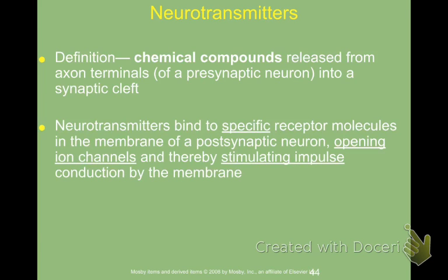So these neurotransmitters bind on the surface of the postsynaptic neuron and open ion channels, which then, guess what kind of ion channels? Sodium ion channels, which allow sodium to rush in and create a nerve impulse.